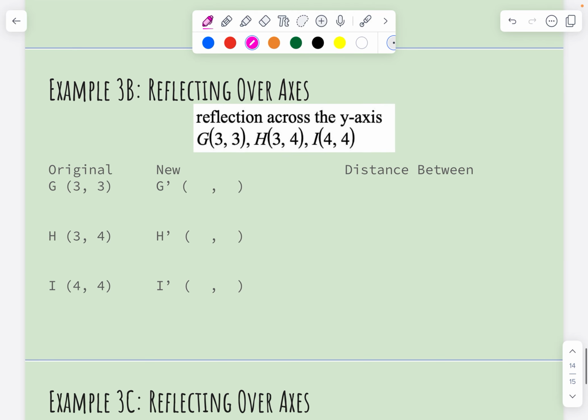Let's look at another one here. This is reflecting across the y-axis, so we're changing the x's to their opposite. So our new G is going to be at negative 3, positive 3. Our new H is going to be at negative 3, positive 4. And our new I is going to be at negative 4, positive 4. So again, I just took all of my x's and changed them to their opposites.